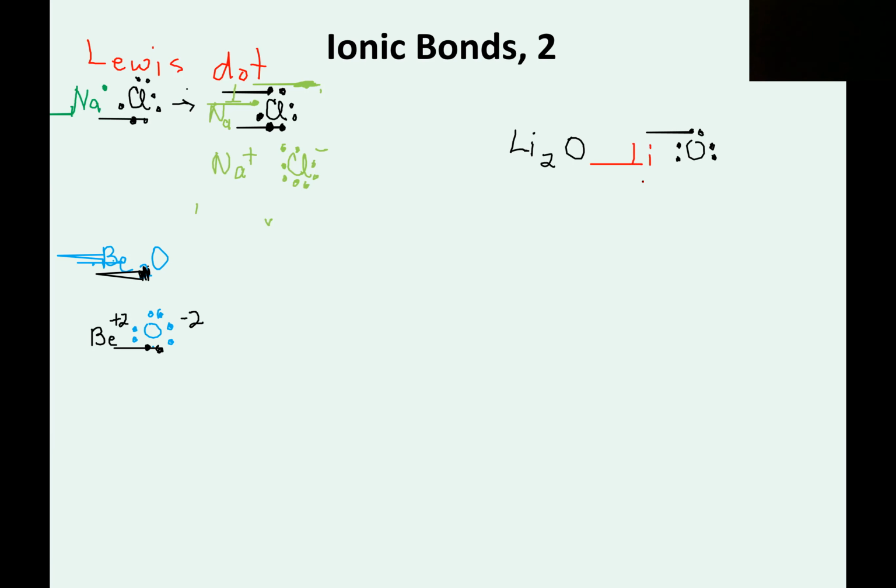Lithium has 1 electron in its valence shell, and it's going to give it, so it winds up with a plus charge, and oxygen winds up with a negative, and the other lithium is going to give up its electron, so it's going to have a plus charge, and oxygen winds up with a 2 negative charge.